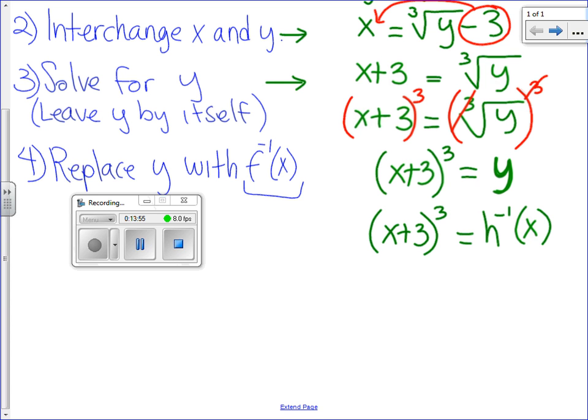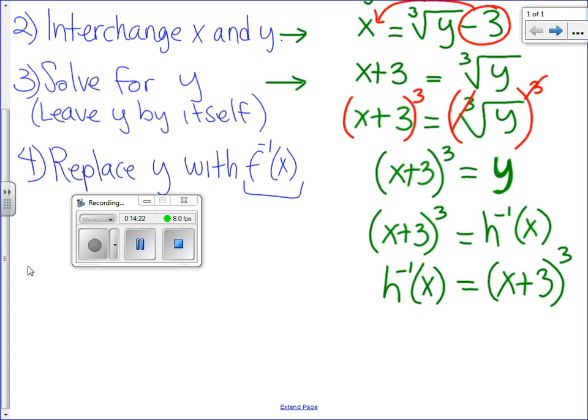If you were to graph that function, the inverse, h of x and h inverse of x, you could see that they reflect across the line y equals x. Now, if I write h inverse of x on the right side, will that be the same as this? Yes, it is the exact same thing.